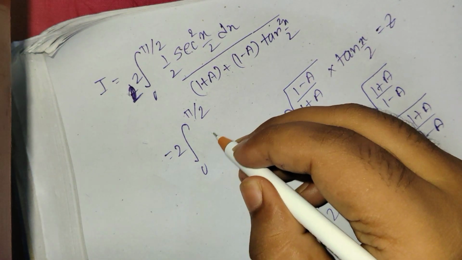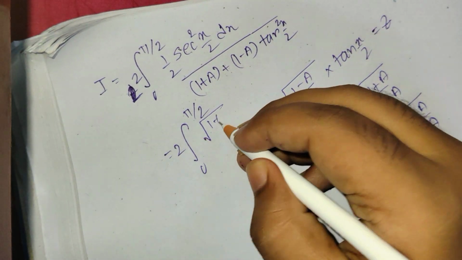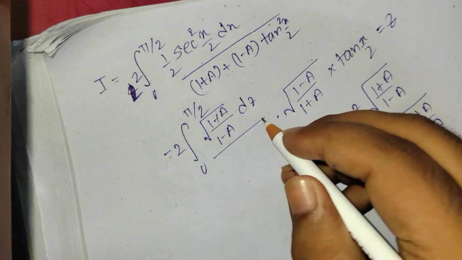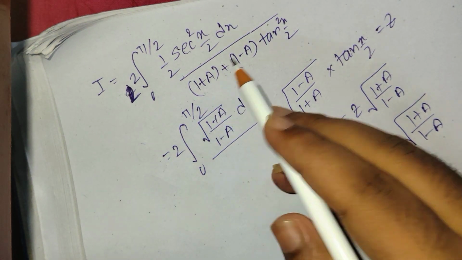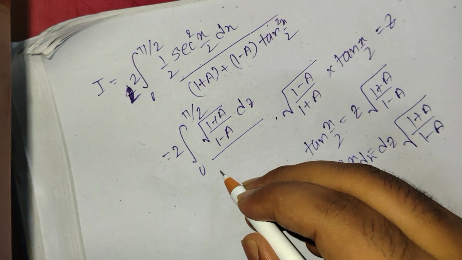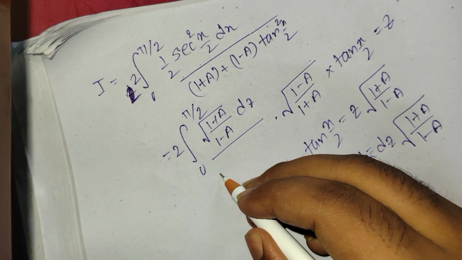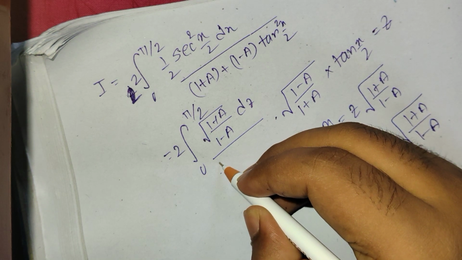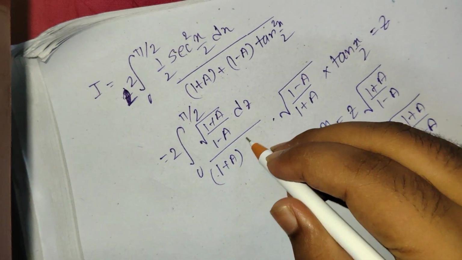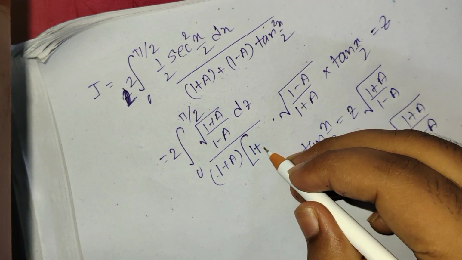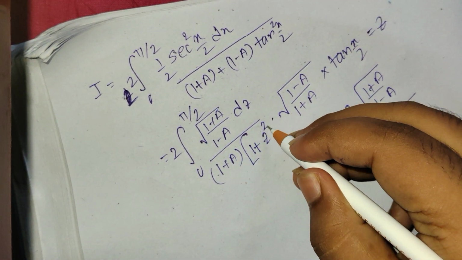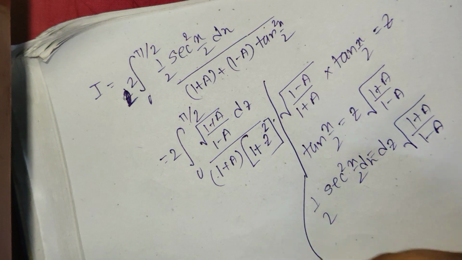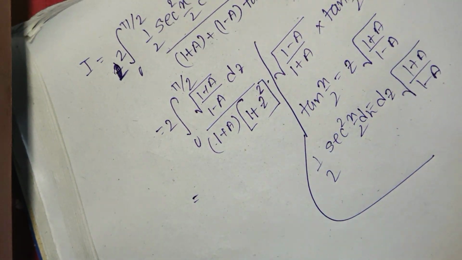So this is root over (1 plus a) divided by (1 minus a) into dz, divided by, if we take 1 plus a common, 1 plus a into (1 plus z square). Now it is looking like a very simple integral, right? So you have to solve it using the basic method.